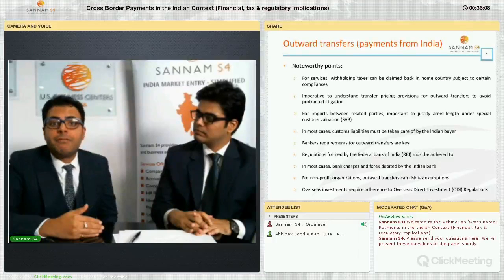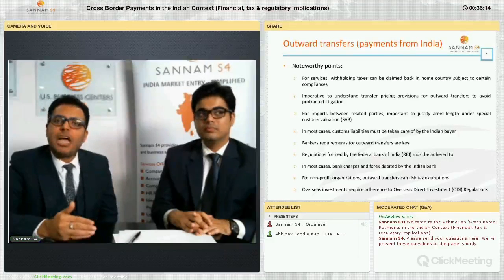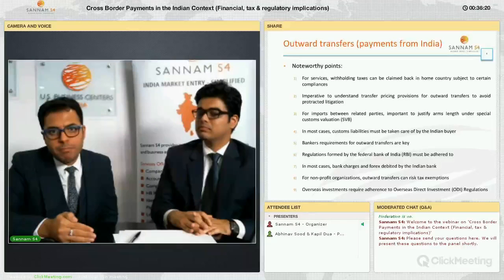And filing the Form A2, which means declaring to the Reserve Bank of India that the foreign exchange has been bought from the open market or from the foreign currency bank account of the Indian company.